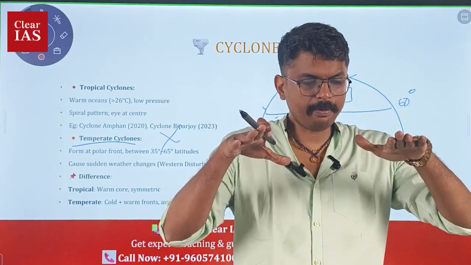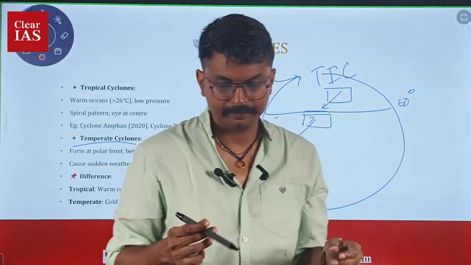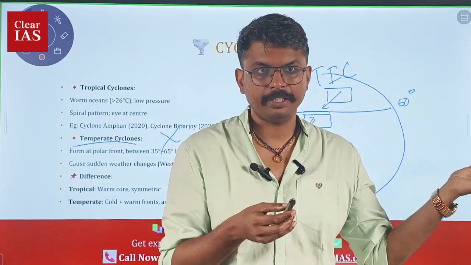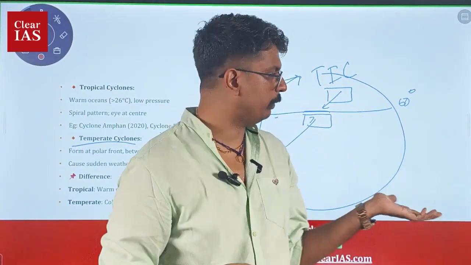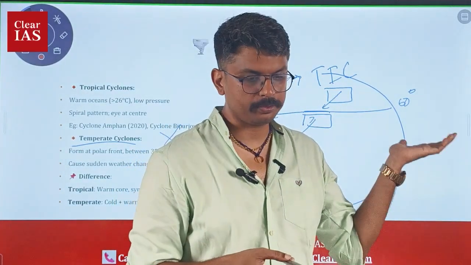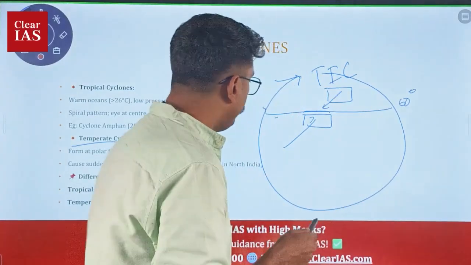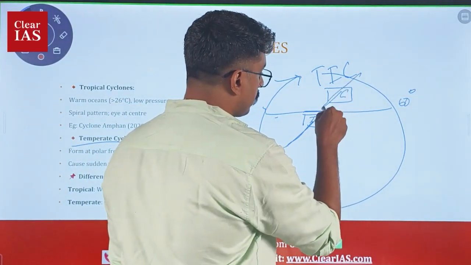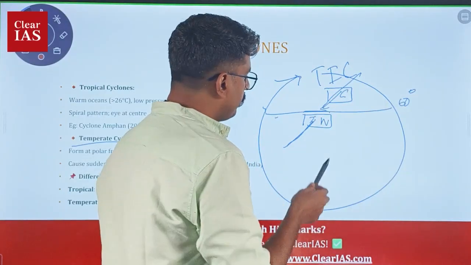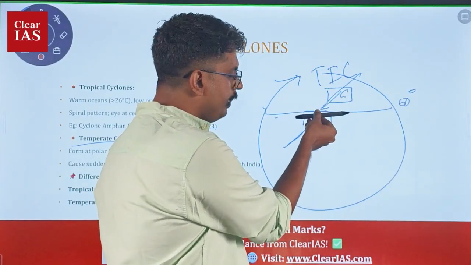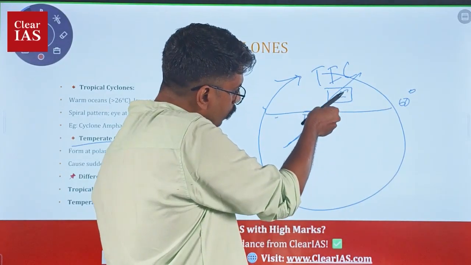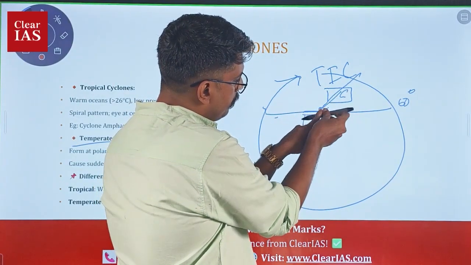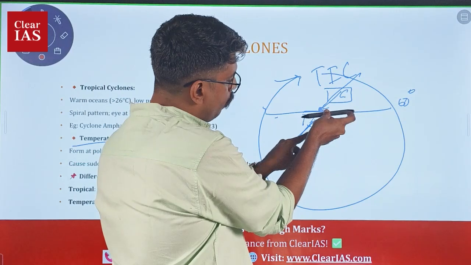So when the air masses come and meet, why and all we'll study when we enter into detail. It would take another 20 minutes to explain that part. So when the warm air mass and the cold air mass come and meet at some condition, they start rotating like this. This is the warm air mass and this is the cold front.